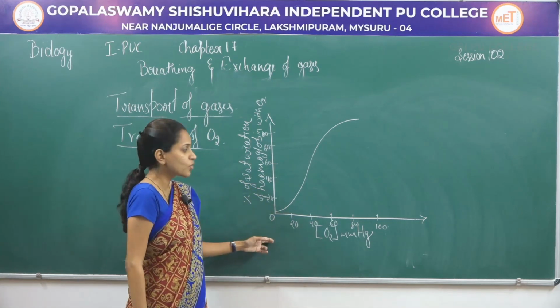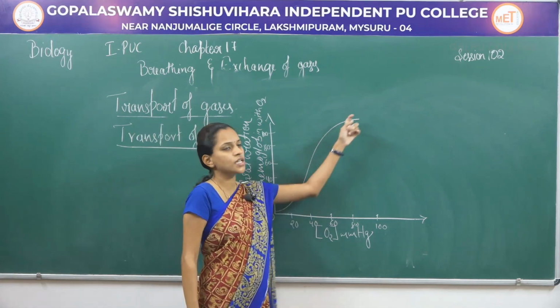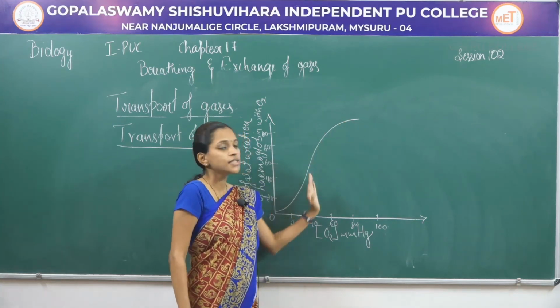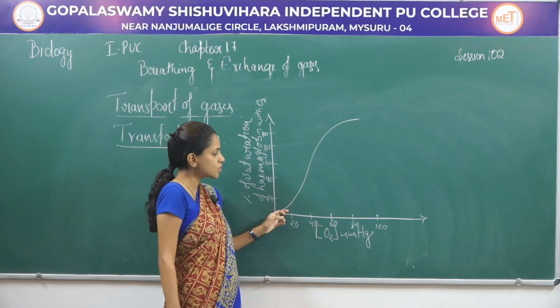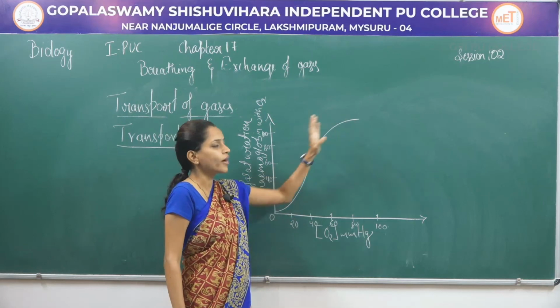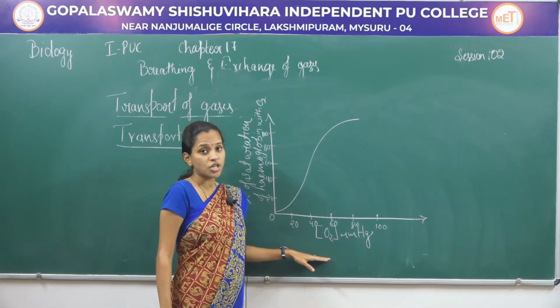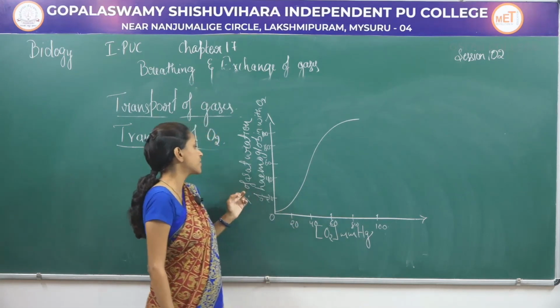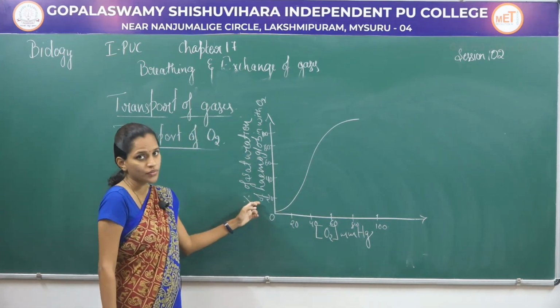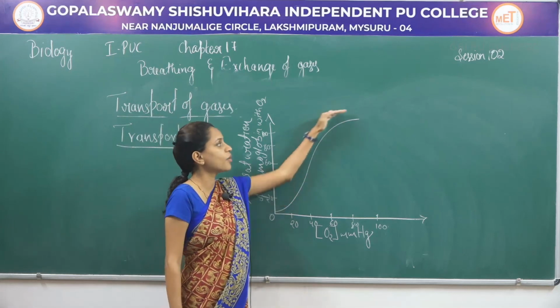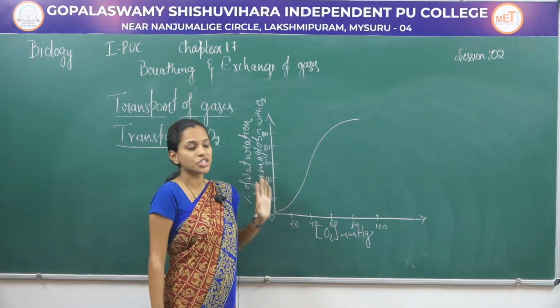In this graph you can see that the oxygen association or dissociation curve is a sigmoid curve. When you plot the partial pressure of oxygen against the percentage of saturation of hemoglobin with oxygen, it gives this type of sigmoid or S-shaped curve.